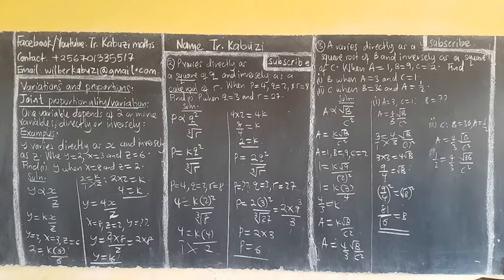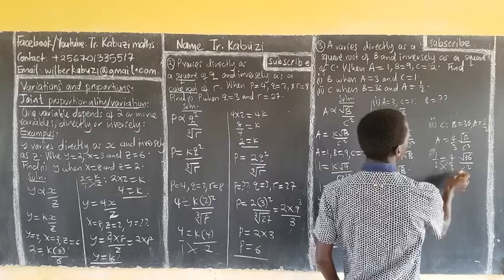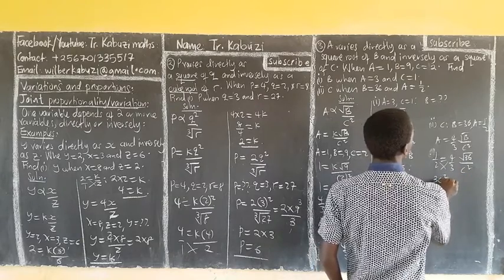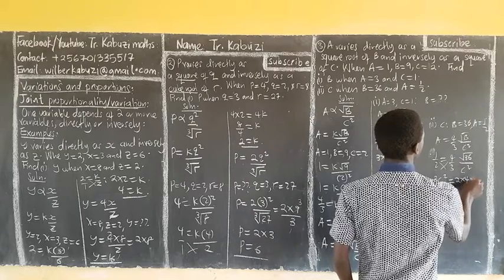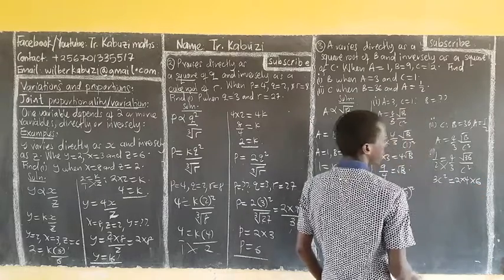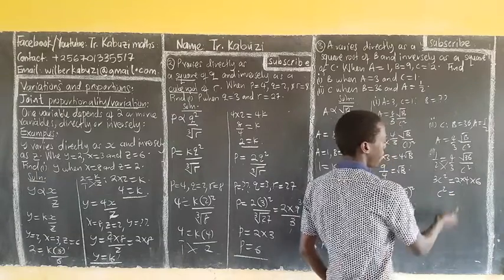From here, we are going to cross multiply like this. We shall have 3 c squared equaling 2 times 4, then times 6.